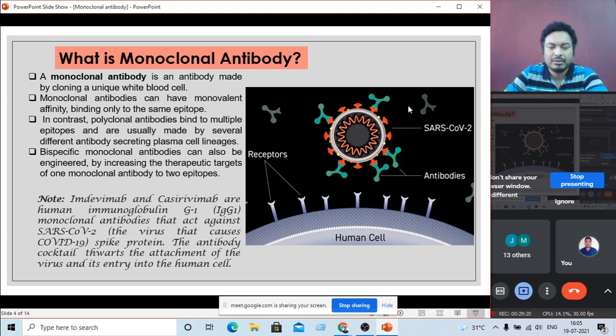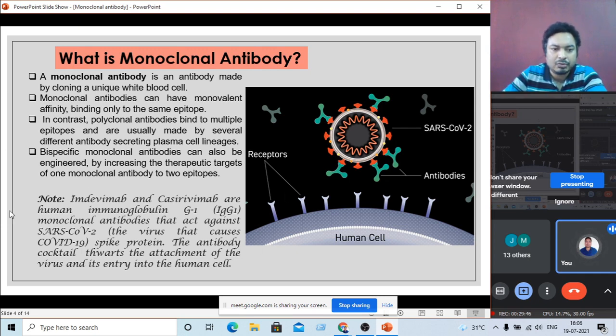So nowadays, before vaccination, because vaccination started only in January or February 2021 in India, one type of monoclonal antibodies was already formed by different scientists.